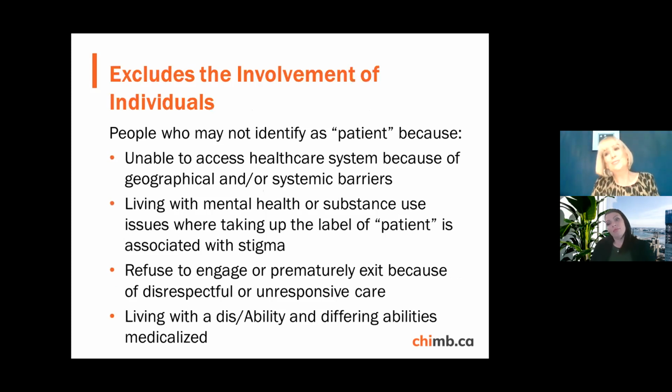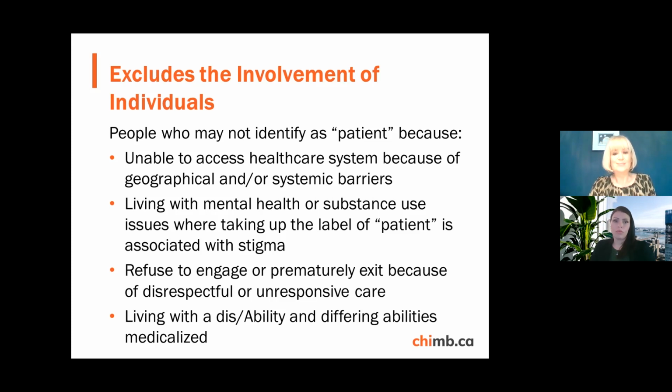So the one thing that we really need to think about when we think of patient and public engagement is that sometimes it can be not only the terminology patient, but actually the conceptualization can exclude certain people.